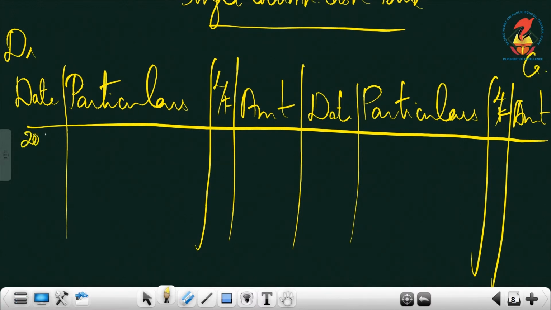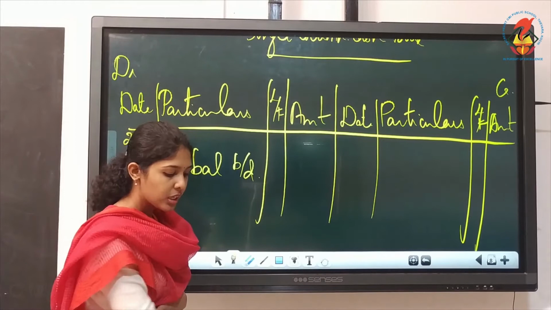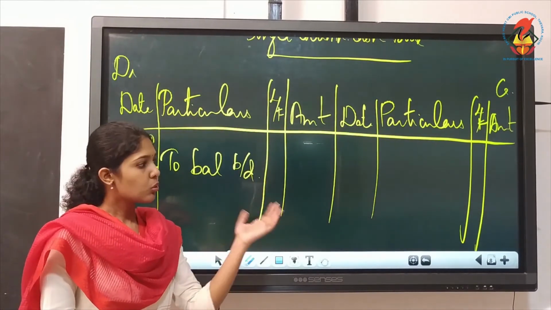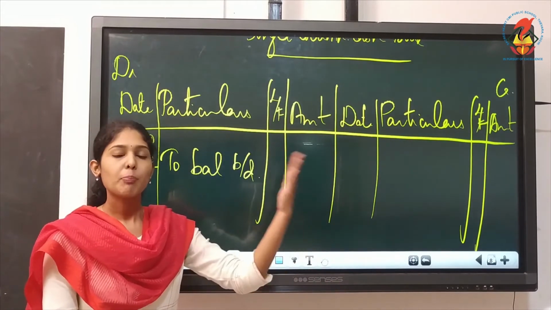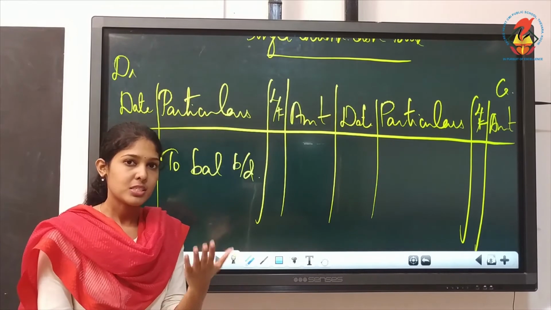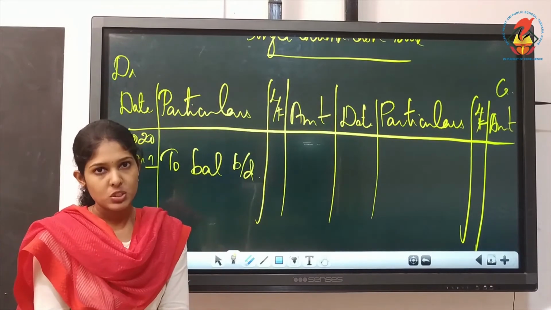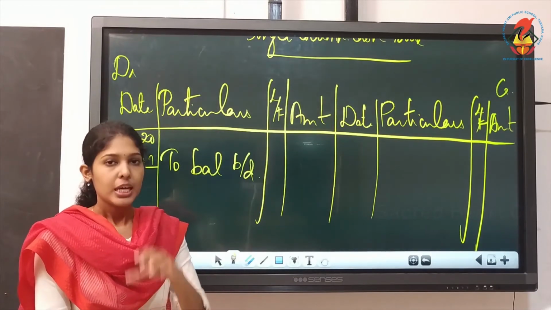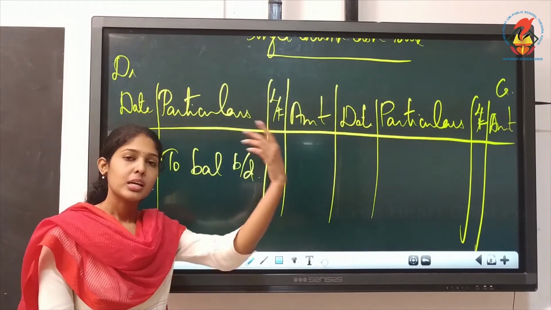It's given on 2020 April 1st. And the opening balance must be written as to balance brought down. You remember this brought down figure: every time after you finish the balancing process, you write balance carried down, and on the opposite side you will write the brought down figure also. That means we are transferring this to the beginning of the next month. Here we have a cash in hand of 25,000, which means it was there in the business.